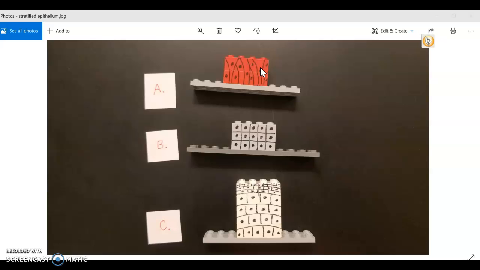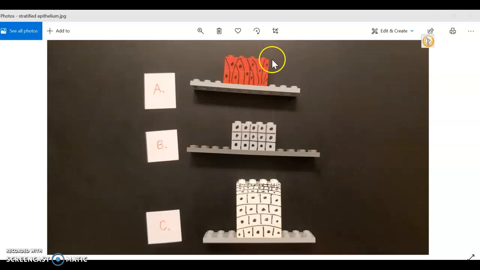So that's the job of those goblet cells. And you'll see that they can be found lining our airways or lining our digestive system, to help allow things to flow through our body, like food or air. And so hopefully that makes sense.